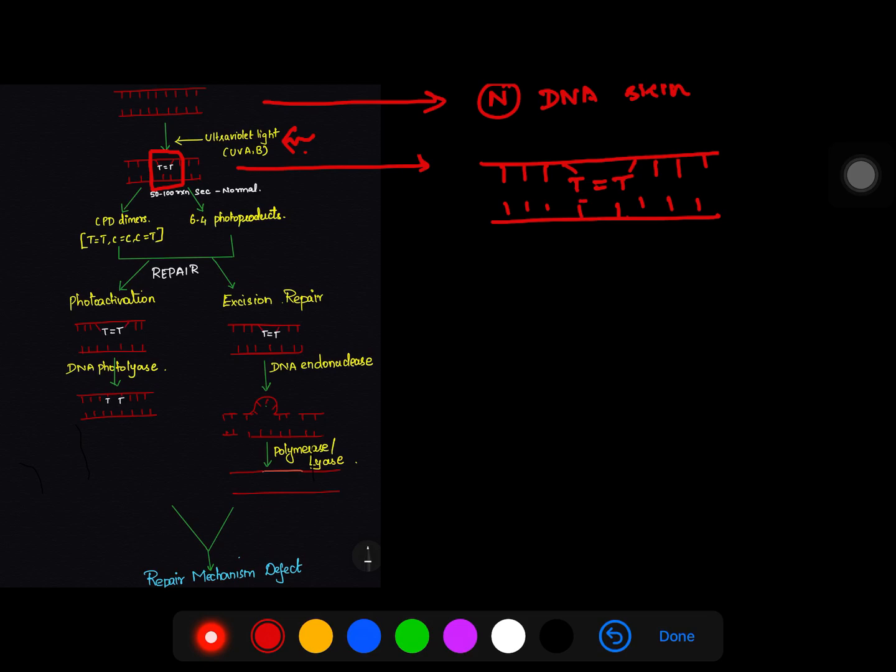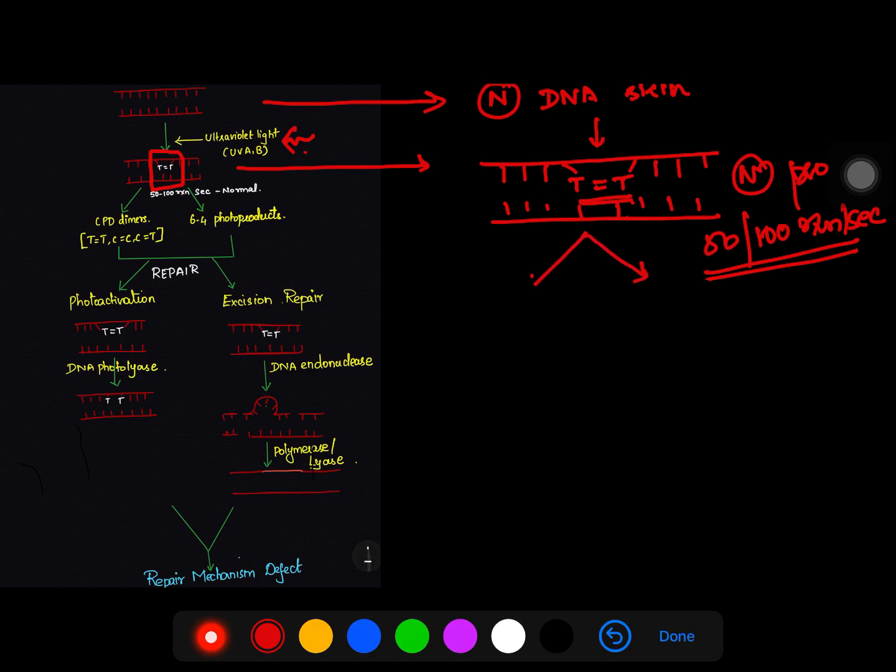This has to be repaired by our body immediately, because this is a normal process occurring almost 50 to 100 reactions per second in our body, which is repaired by our repairing mechanisms. As a result of this dimer formation, we get two products.